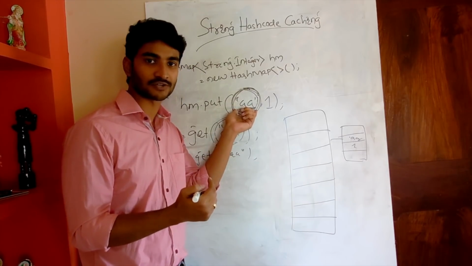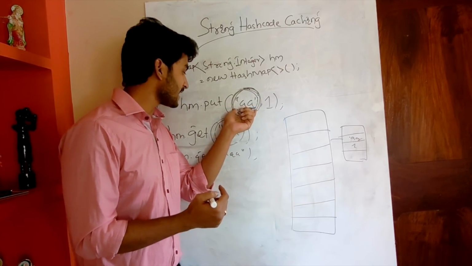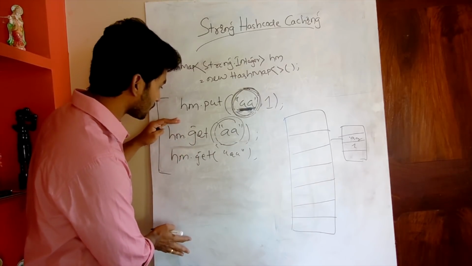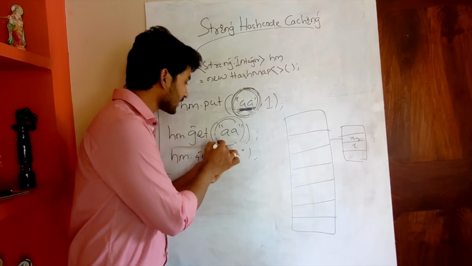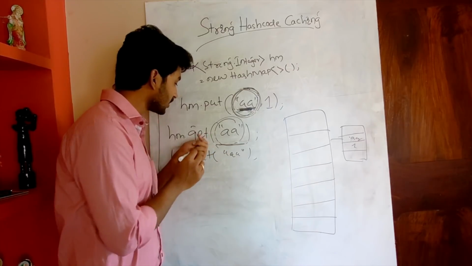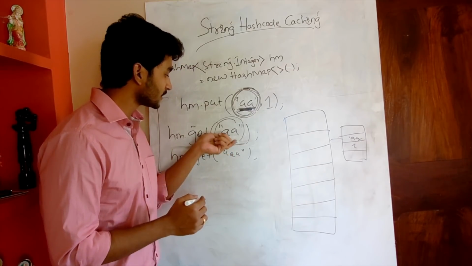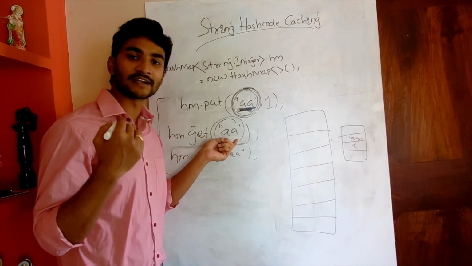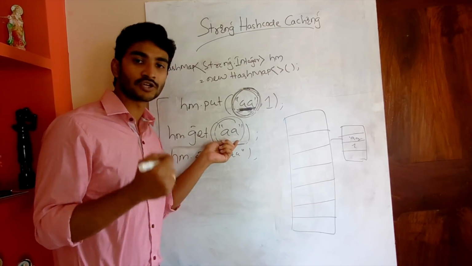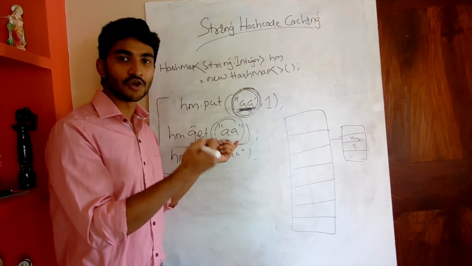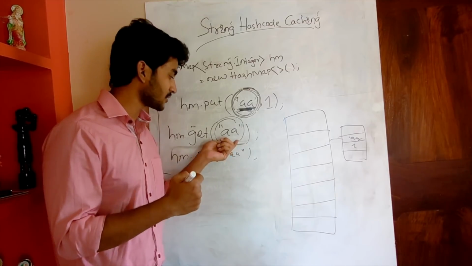AA is a string object. So once it's cached, even if I'm doing 50 get operations, when the get method looks for the hash code for this key AA, it is already computed. So it just retrieves that particular hash code which has already been cached inside the string object.